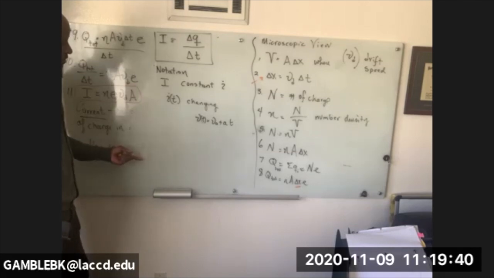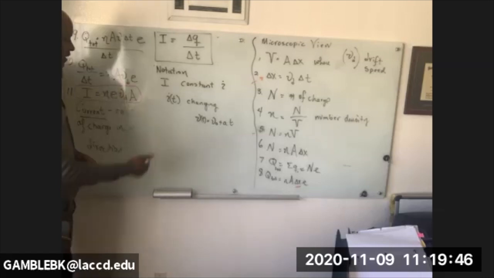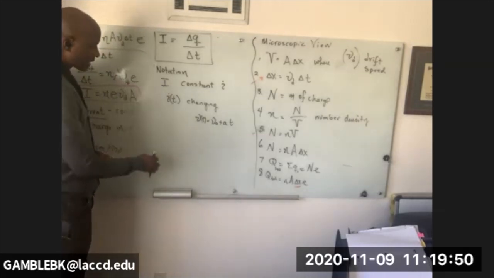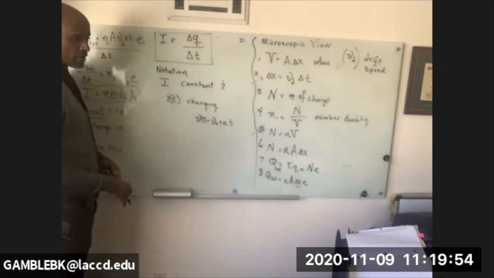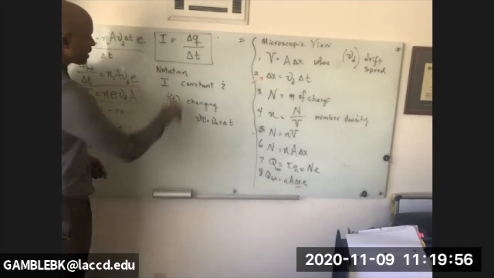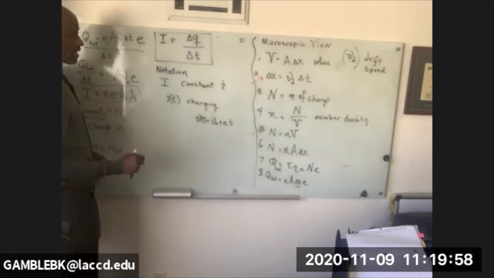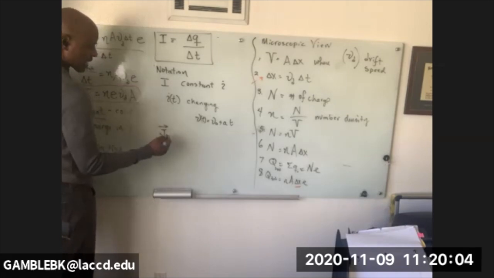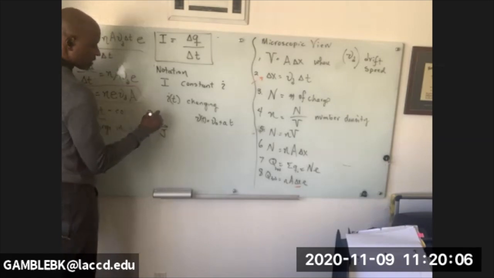I just erased the picture, but it goes back to this picture, where current density is basically the amount of current per unit area, the amount of current going through that cross-sectional area that I defined. So it's basically this thing divided by an area. Current density, and the symbol that's oftentimes used is a capital J, is actually a vector quantity.